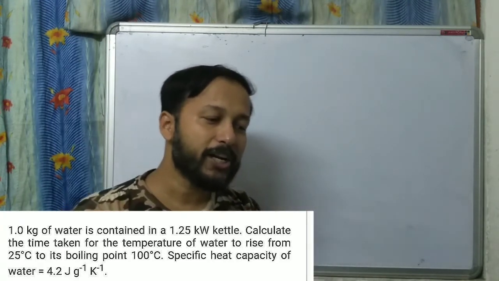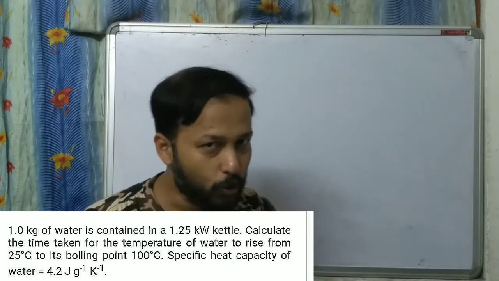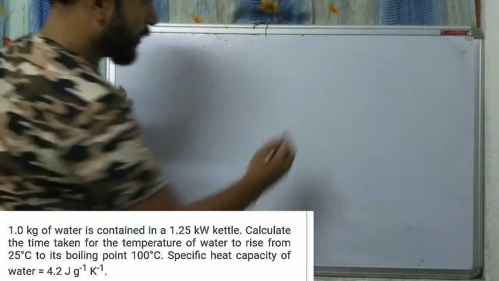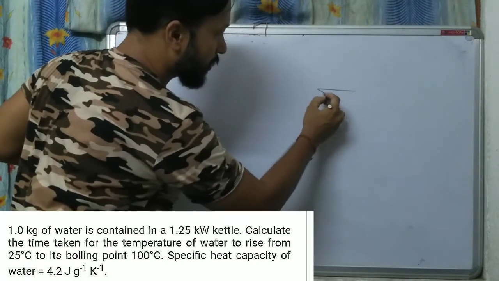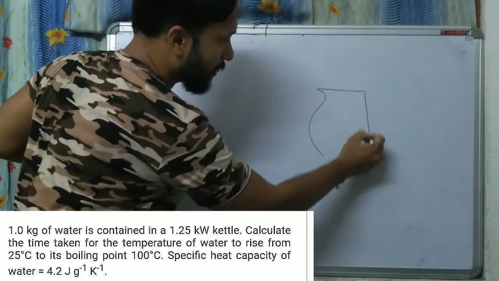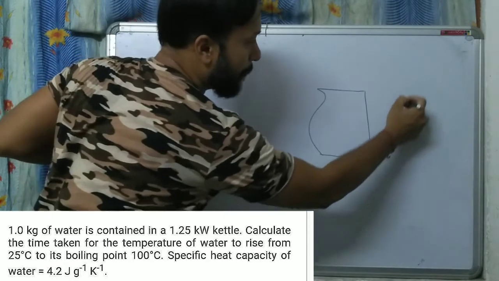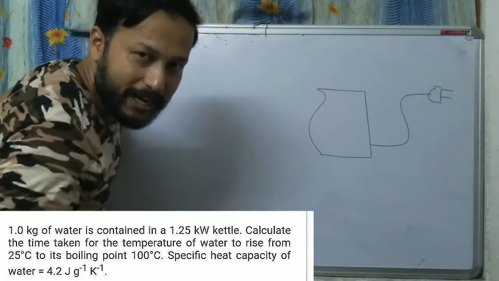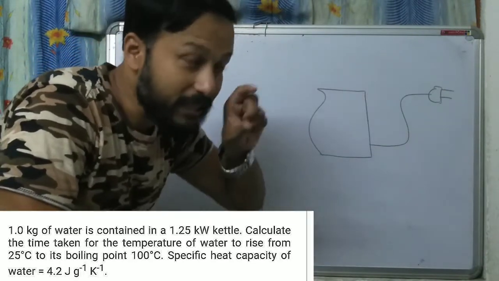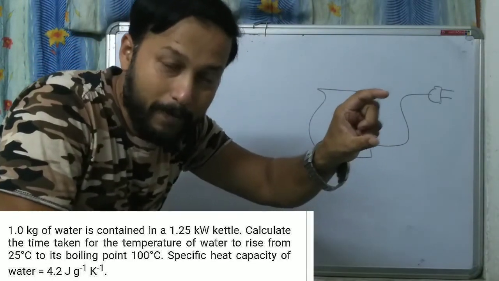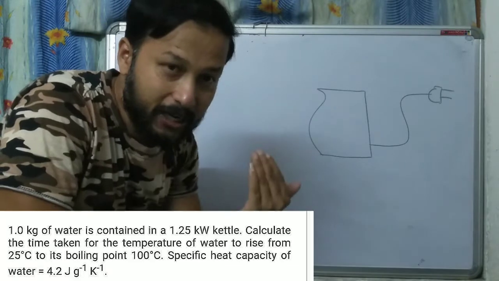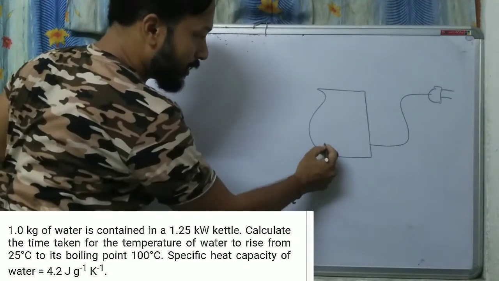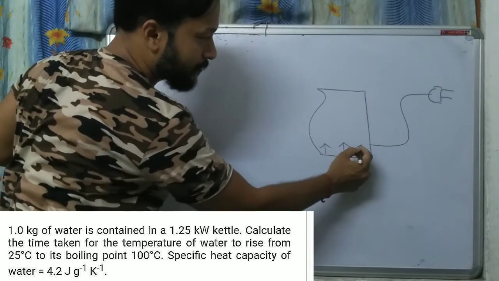Here they have mentioned an electric kettle. Like say this is the electric kettle, you know that, and here is a plug. We have to connect this kettle with electricity, and from that electricity it converts to heat, so it produces heat here.